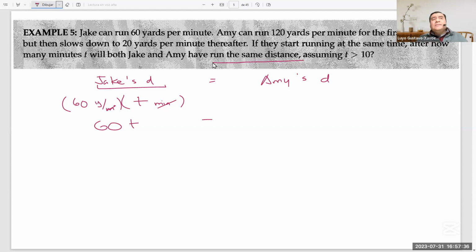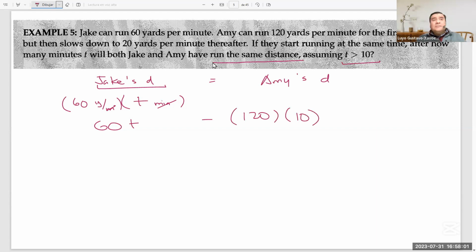What is Amy's distance run in T minutes, with T greater than 10? Since T is greater than 10, in the first 10 minutes, how many yards will Amy have covered? 120, the rate, multiplied by 10.